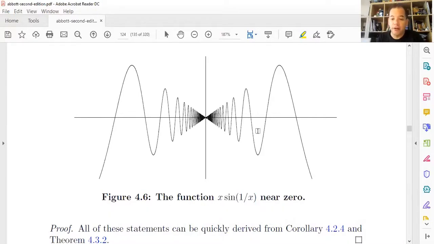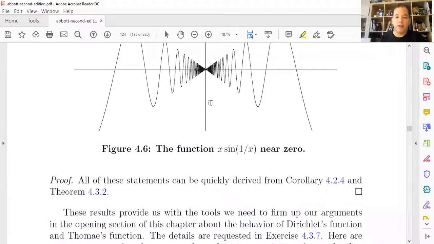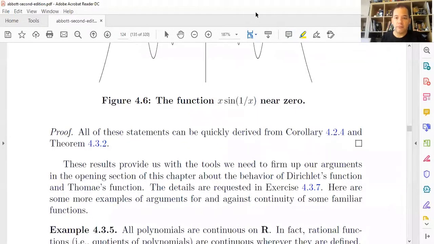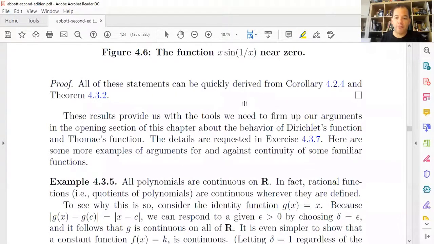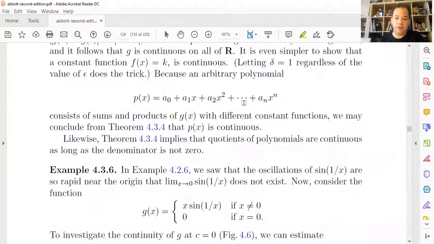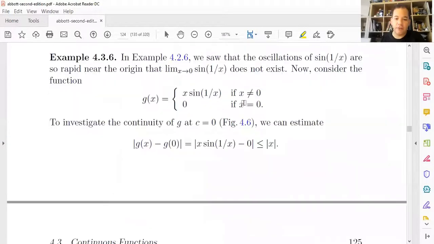The other points we'll later talk about how we can derive them, but we only checked at 0, which is the weird point over here. Is there a question? Okay, and we saw that polynomials are continuous. We saw that rational functions are continuous in their domain.